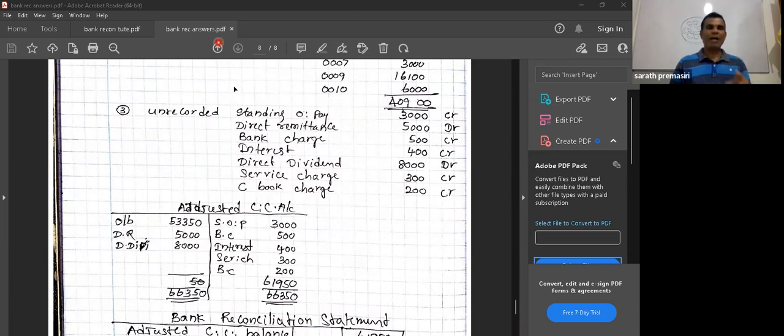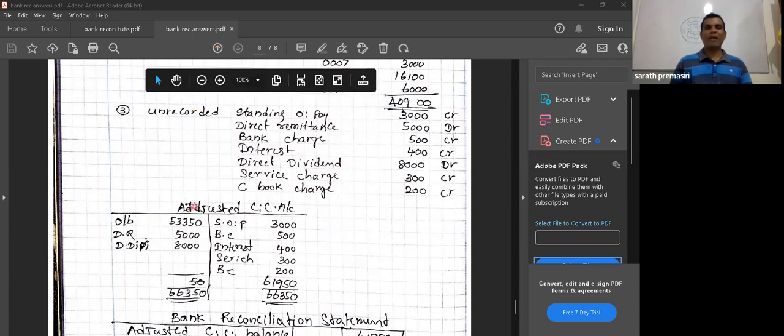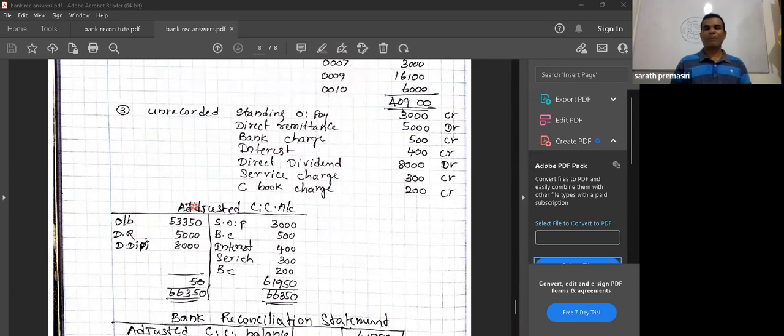When preparing the bank reconciliation statement, only the following items are considered.